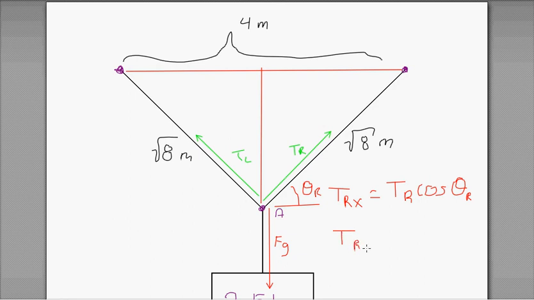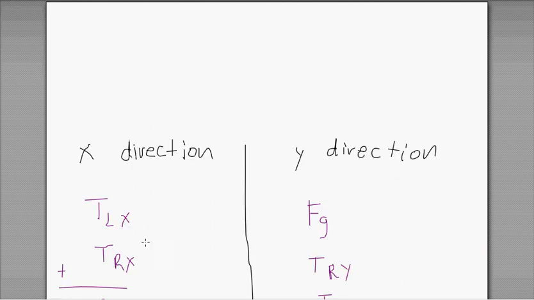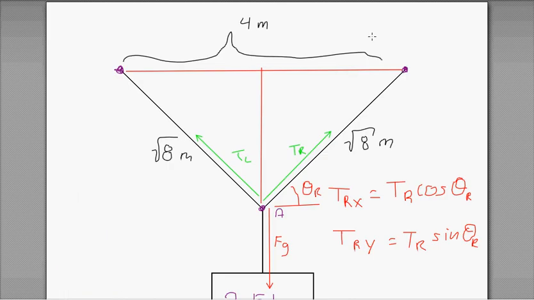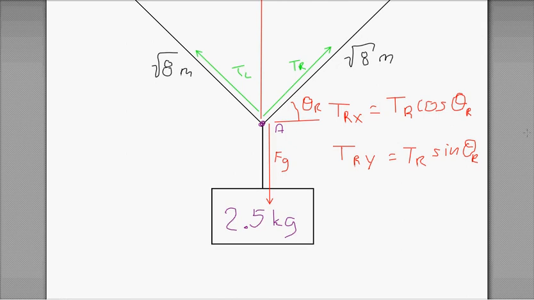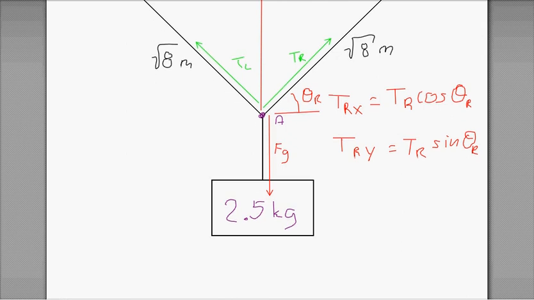So TRY equals TR sine theta R. The reason I'm stressing this theta R is it's got to be with respect to the positive x-axis. That's the only way you can do this for this class. With this formula, we can find those two vectors that we have. The TRX is not as important, but the TRY should give us some interesting concepts.